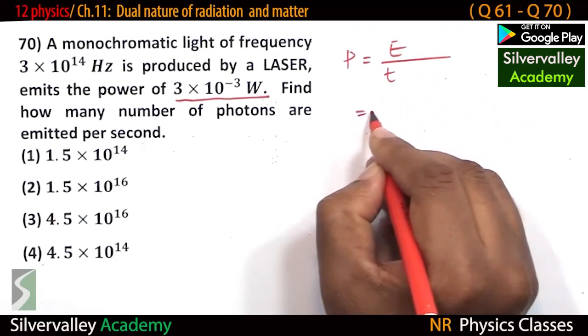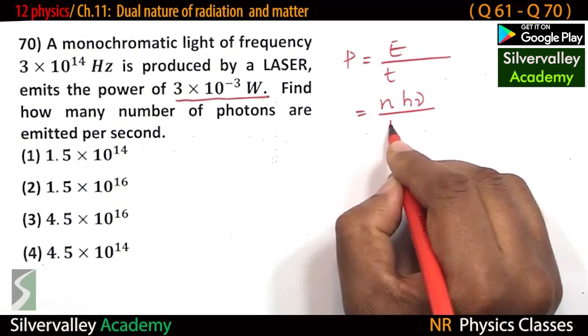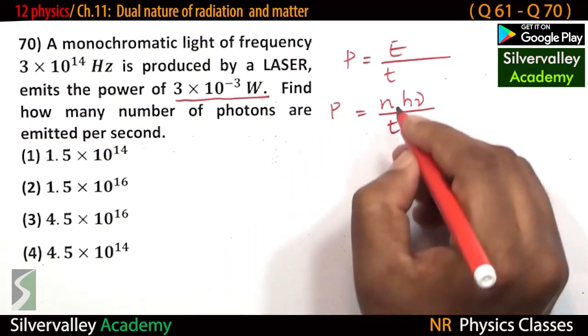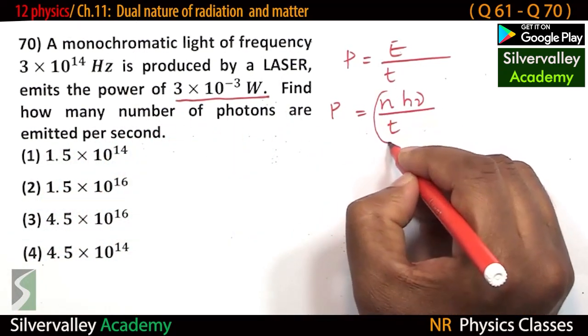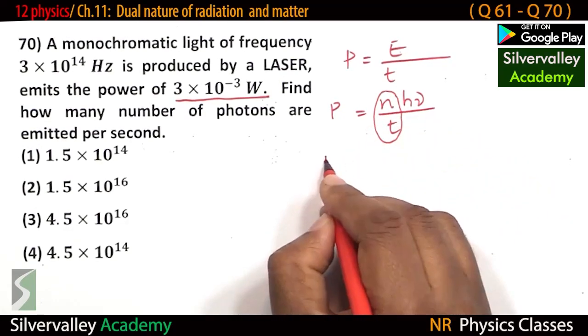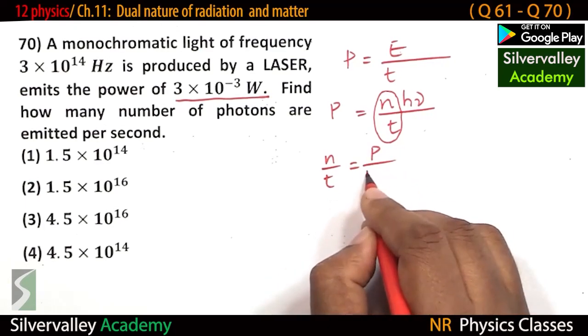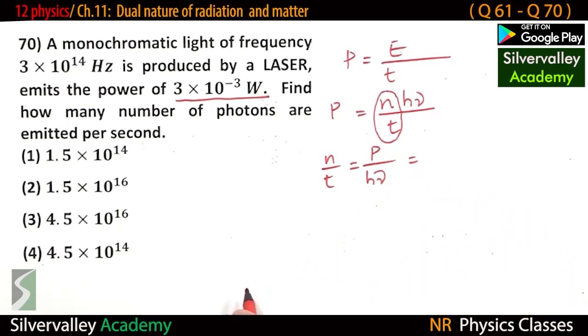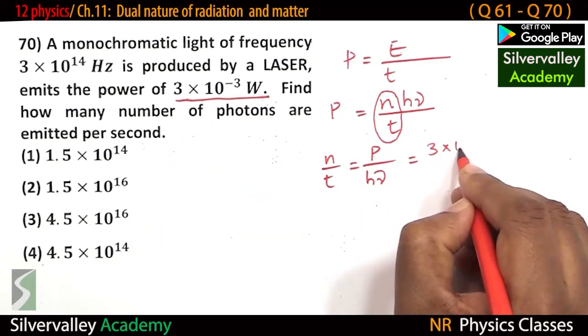Total energy is number of photons times energy of each photon, by time. How many photons are emitted per second means it is n by t. So n by t equal to power by h nu. Power is 3 × 10^-3.